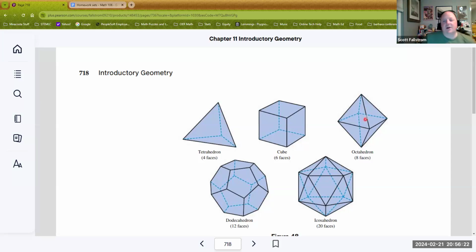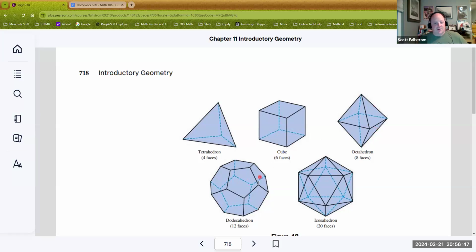It just happens to be 4 on top, 4 on bottom. So if you wanted to kind of link these two things we've already defined, a tetrahedron would be a pyramid, and a cube would be a prism. So that's how they connect kind of to each other there. Right?